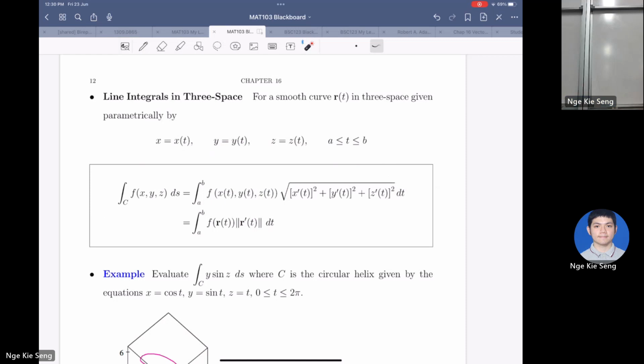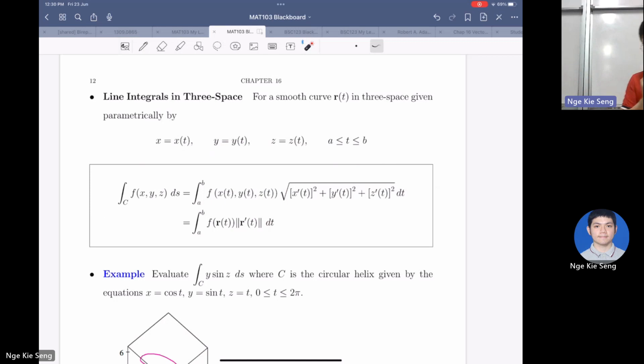This is an inner product, and then you take the length. Length of what? These are all the derivatives of our vector function. So you are taking the length of the tangent vector at each point. So this is the extra vector you bring in.